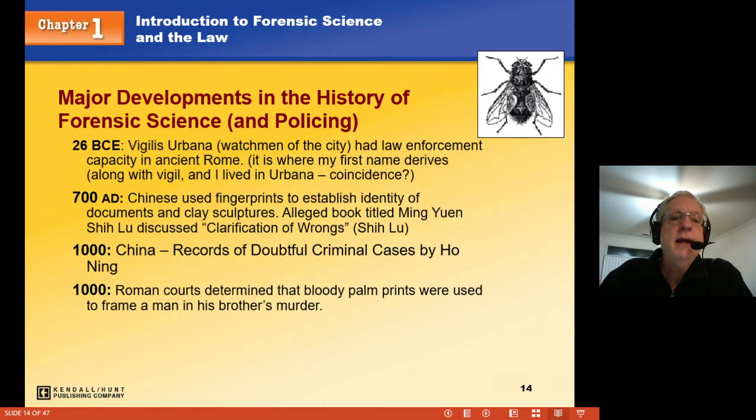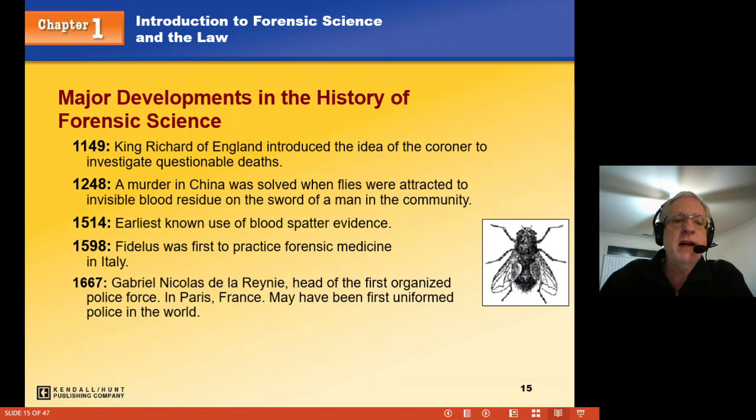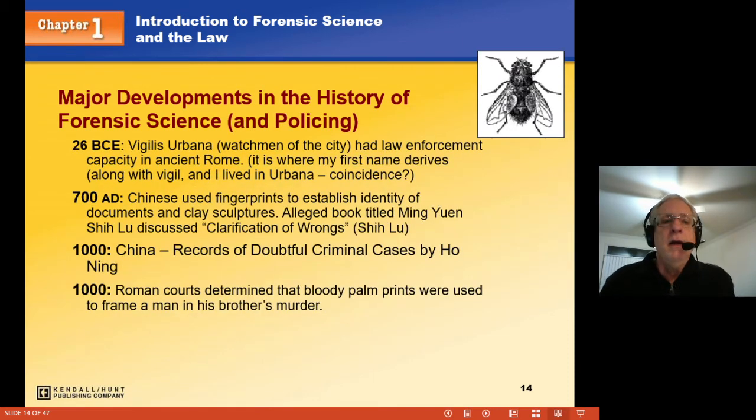Now I'm going to go back because I said, wait, Vigiles Urbana, that's like 1,600 years earlier. The Vigils were, first of all, mostly slaves and often had nothing, were either nude or just had a loincloth. So they would patrol the city in loincloths. They didn't have a uniform. They didn't have weapons.